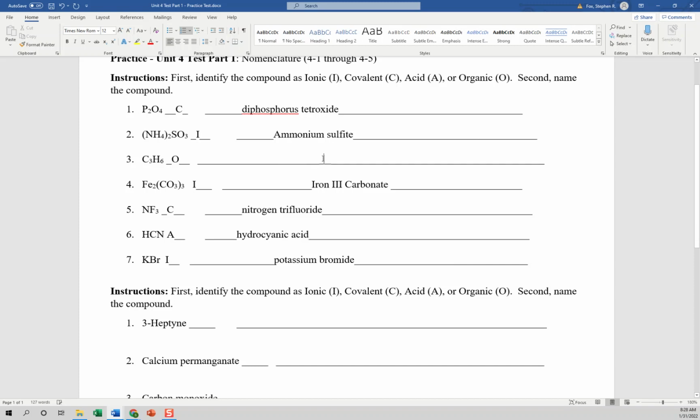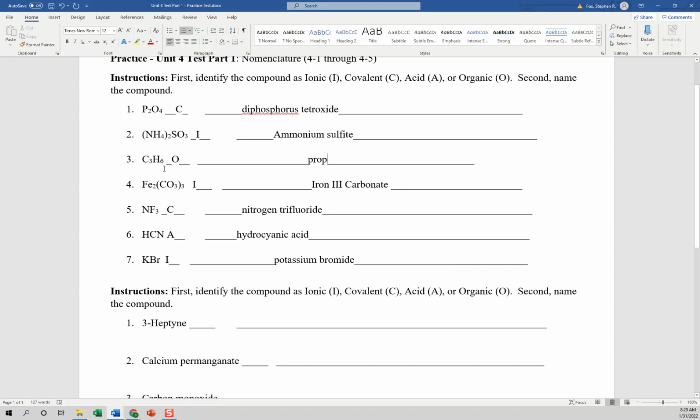And then the last one here, organic. So now we got to use our organic prefixes. The organic prefixes tell you how many carbons you have. I got 3 carbons, so that's prop. Over here. So prop is 3 carbons. And then the question is, is it ane, or is it ene, or is it ine?